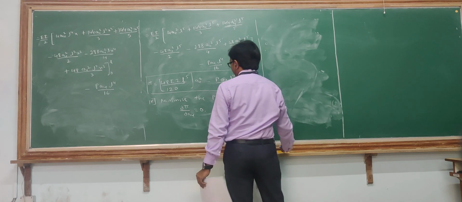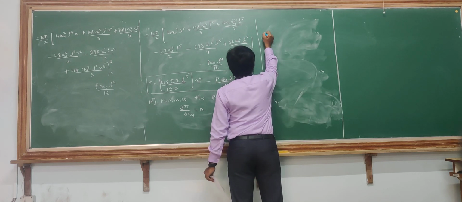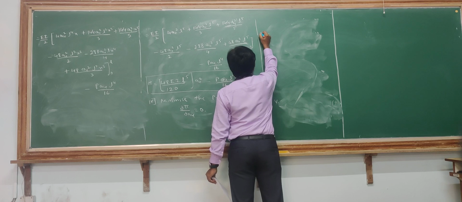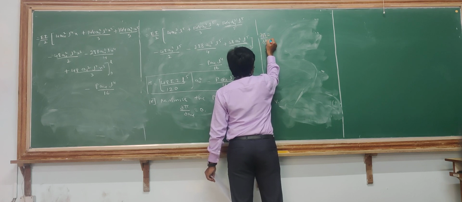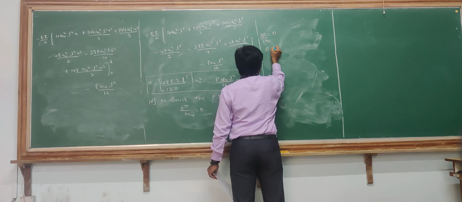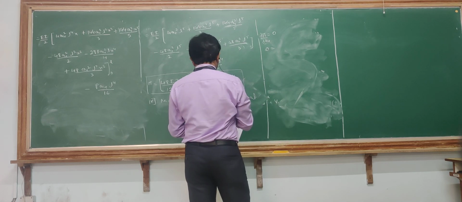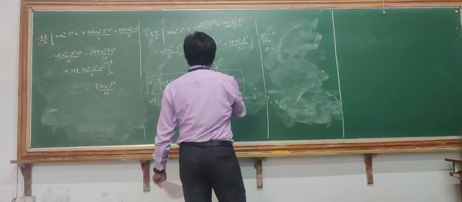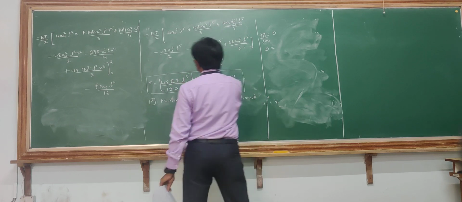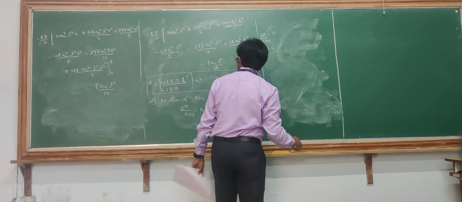So I'll be getting here ∂Π/∂A4 should be equal to 0. So 2A4 means 2 and 60 gets 120 gets cancelled.